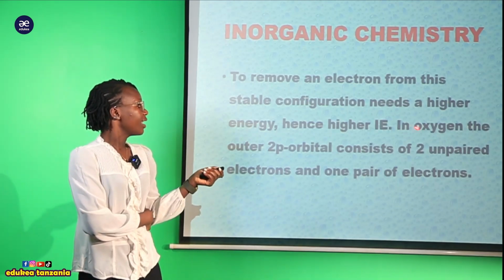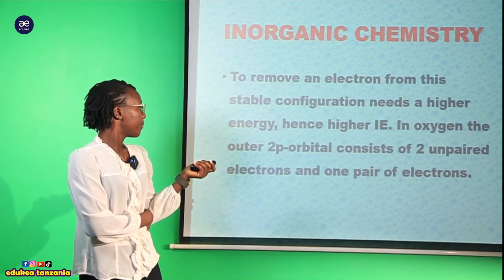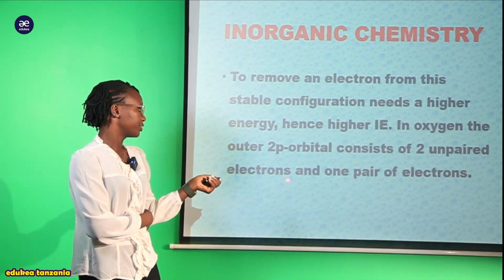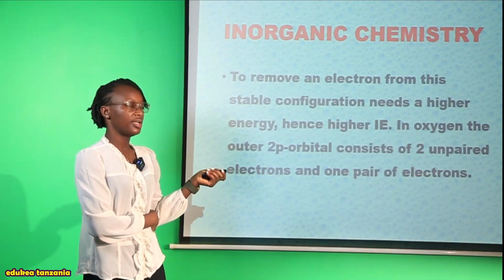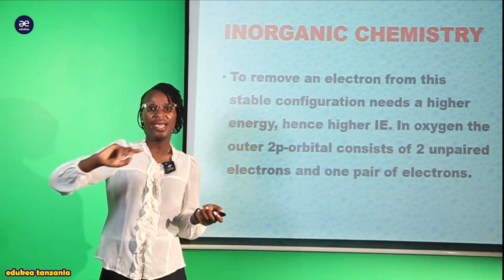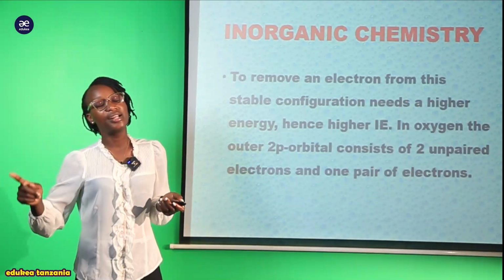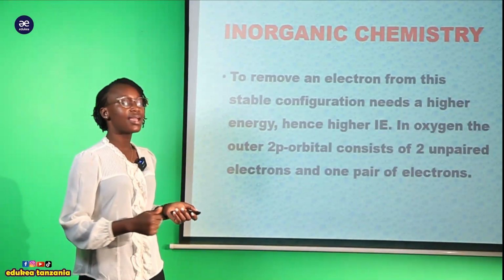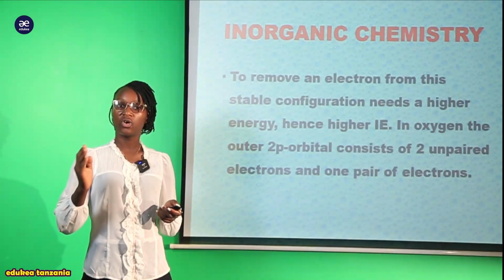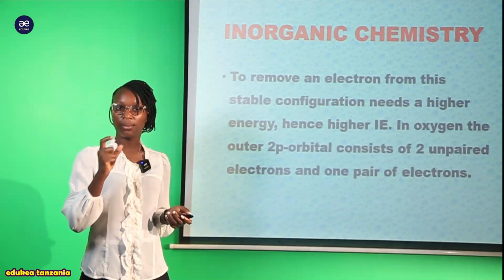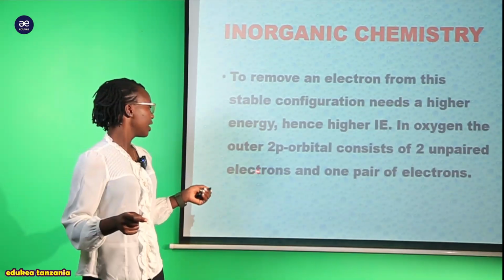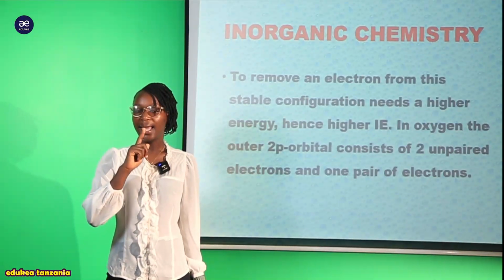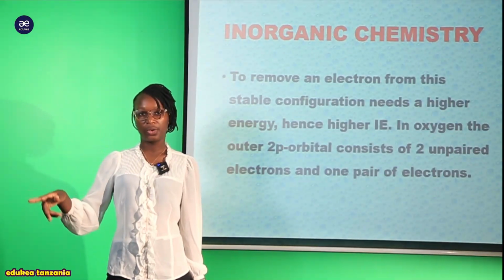So now in the oxygen anasema kwamba the outer 2p orbital consists of 2 unpaired electrons and 1 pair of electrons. Sasa tunapokuja kwenye oxygen, ile outer 2p ina maana ile 2p orbital ya nje inakuwa na 2 unpaired electrons. Ina maana kuna kibox kimoja kina this one pair of electrons. Ina maana kuna zile electron mbili afu moja.